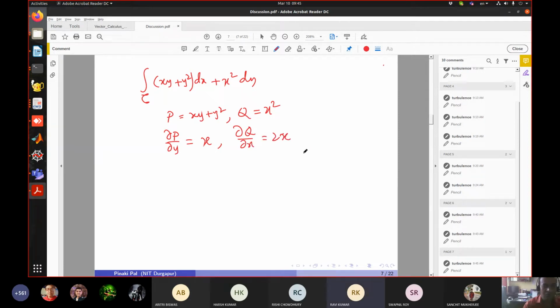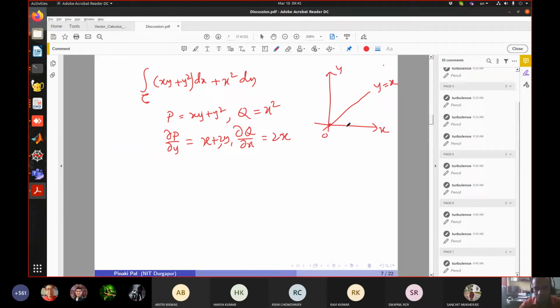x plus 2y, very good. Okay, so now what is our C? Let us have a look. This is your straight line, y equal to x, and y equal to x square.